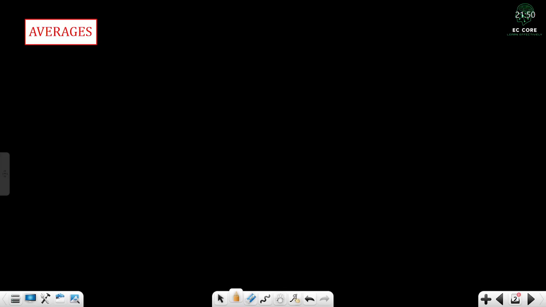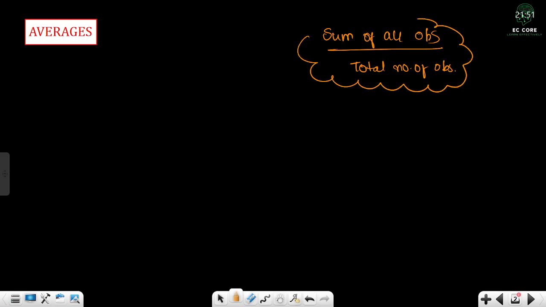When you hear the word averages, we get the formula as the sum of all observations by the total number of observations. This formula is valid, but there is a condition to this formula.